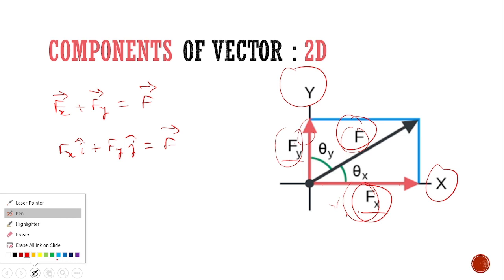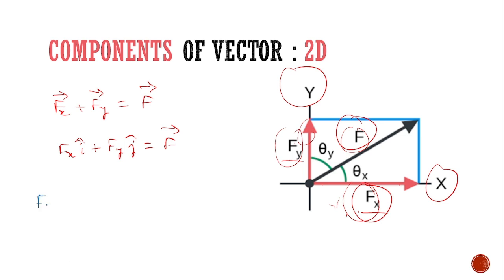And what will be the value of fx? The value of fx will be f cos theta. If this is theta, it will be f cos theta, and fy is equal to f sin theta. How do we get that?